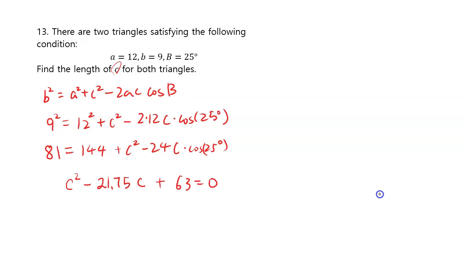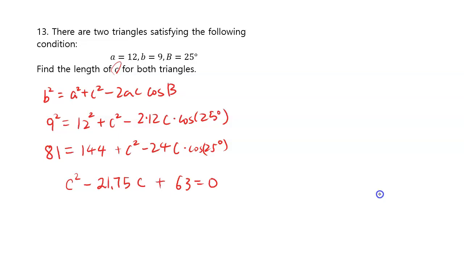And then you need to figure out this value of C. The reason that you get two values of C is, of course, this is a quadratic equation, right? So if you solve this, you're going to get two values of C.